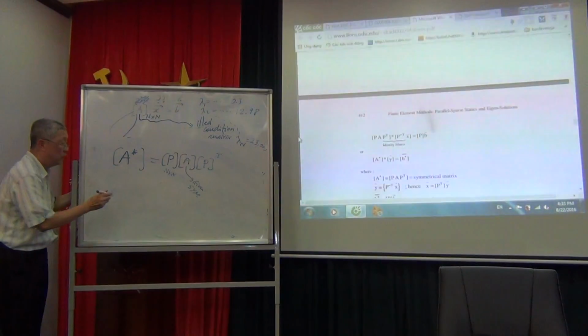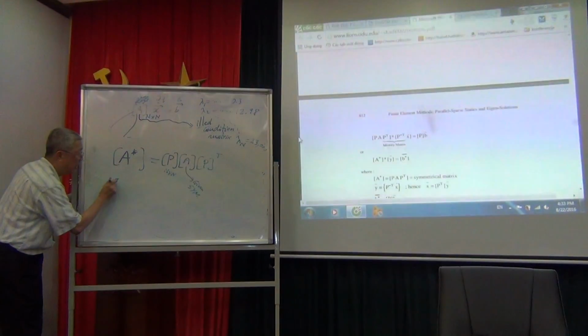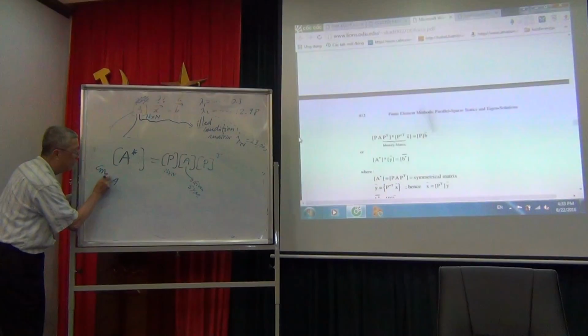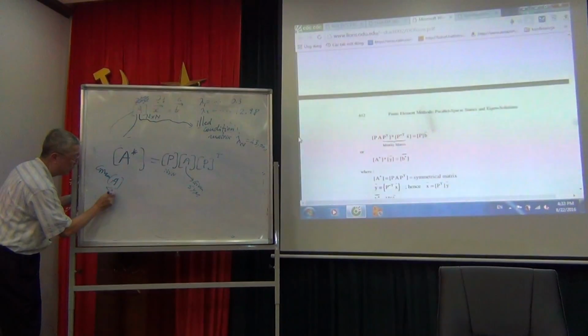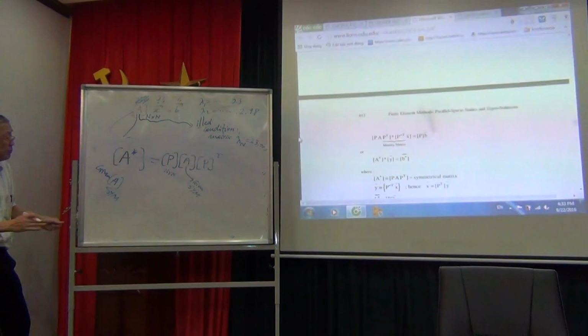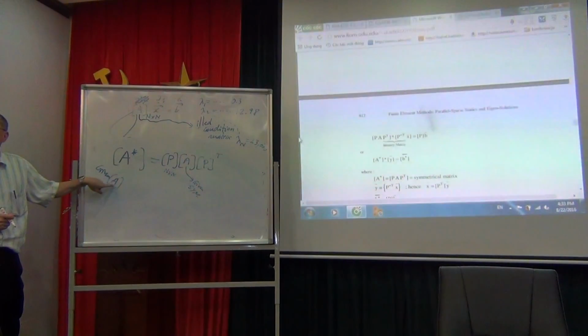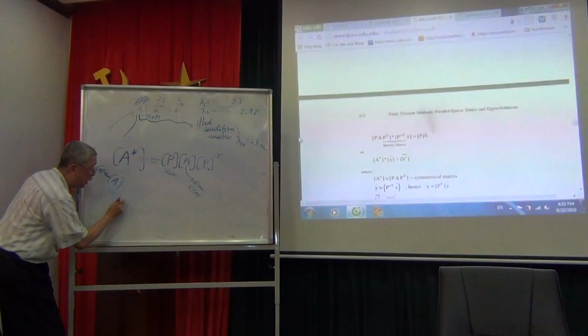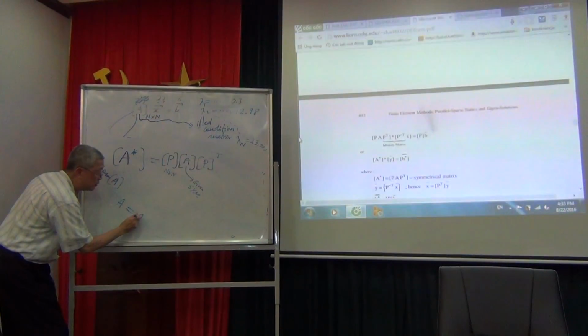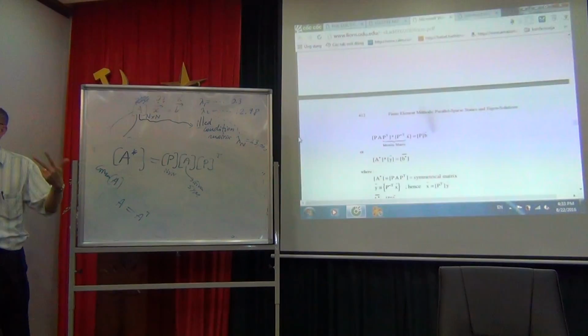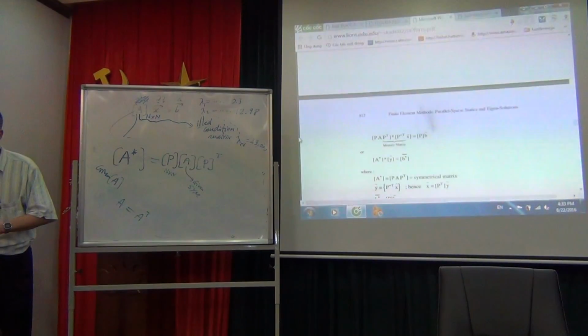How do you prove it? If I give you a matrix A, how do you prove that it is symmetric? Well, if you say that A is the same thing as A transpose, then it means it is symmetric. You agree?